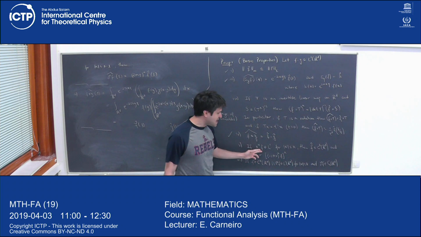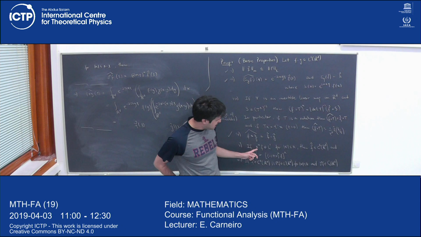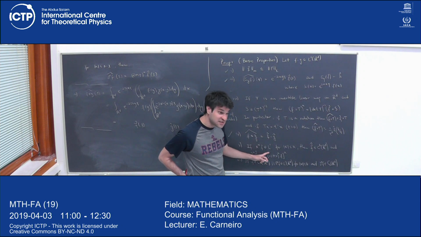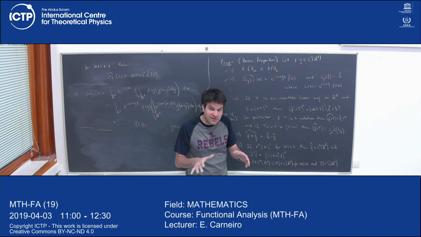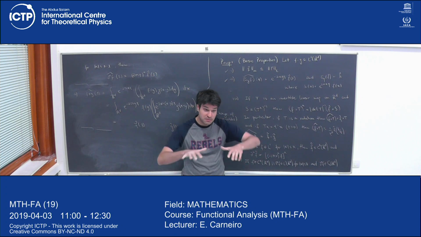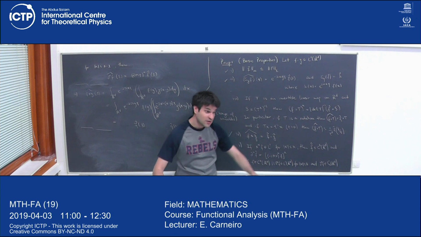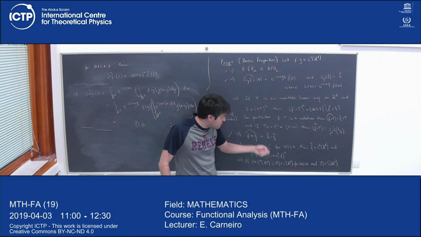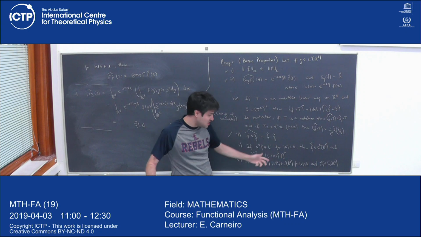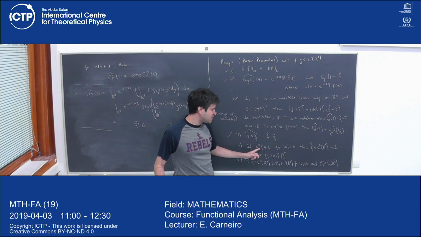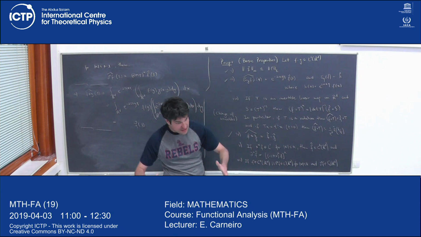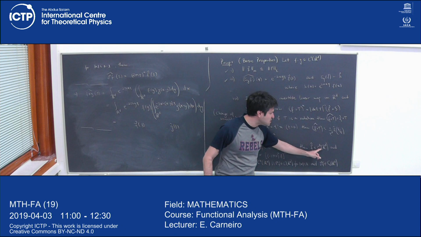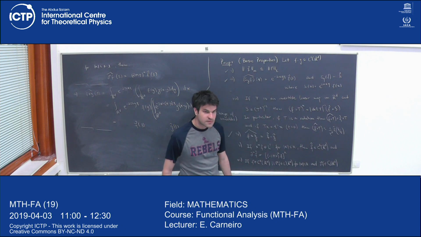If your function has some decay, so look what this means. If x to the alpha times f is integrable, so this means that, well, for f to belong to L1, for f to be integrable to start with, means that it has some decay. Now I'm saying if you even multiply by a power of x, so when x is big, this is big. So if x to the alpha times f is still in L1, so if f actually decays fast, then your Fourier transform will be a smooth function.